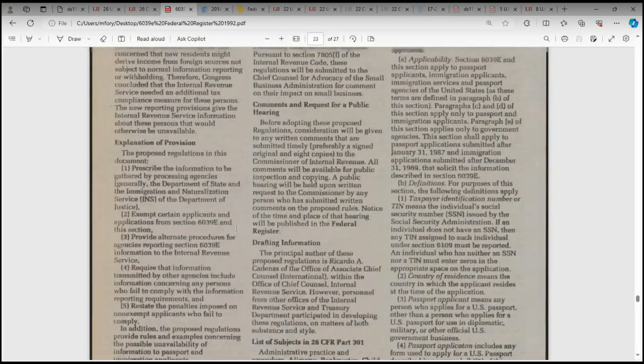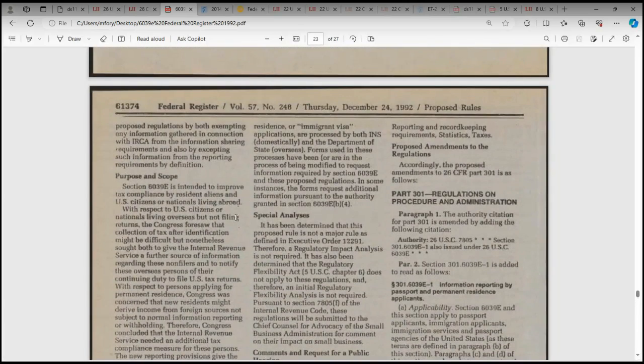Applications for lawful permanent residence or immigrant visa applications are processed by both the INS domestically and the Department of State overseas. Forms used in these processes have been or are in the process of being modified to request information required by Section 6039E and these proposed regulations. In some instances, the forms request additional information pursuant to the authority granted in Section 6039B4.